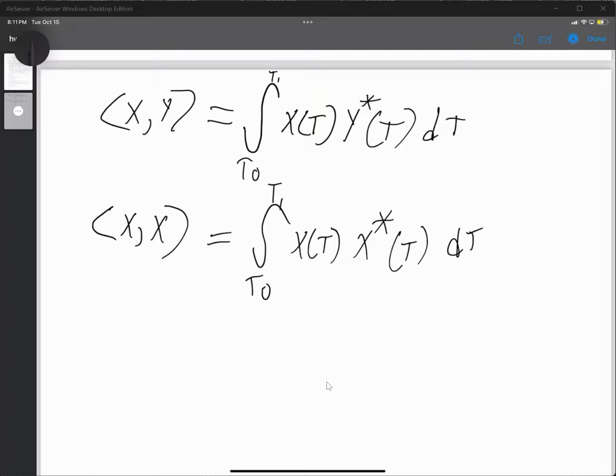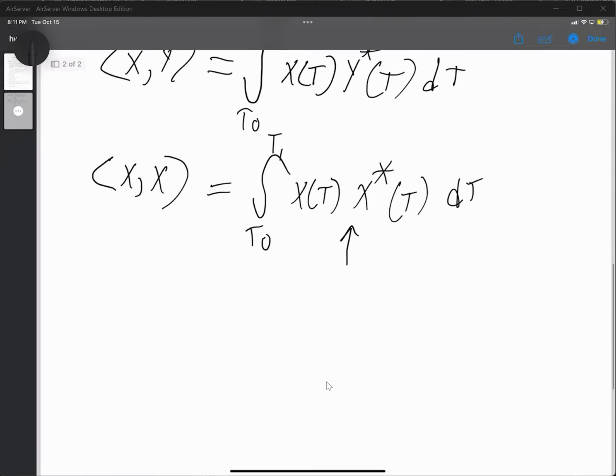So I rewrote it since we're comparing x with itself. It's good to note that when you have something like this, x of t times the complex conjugate version of itself, you'll end up with something like this. And obviously we can see that that will only produce positive numbers greater than or equal to 0, which would pass the test.